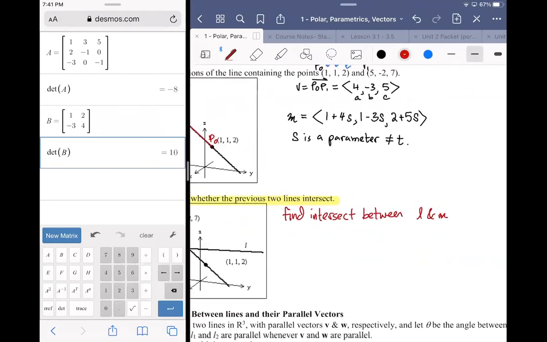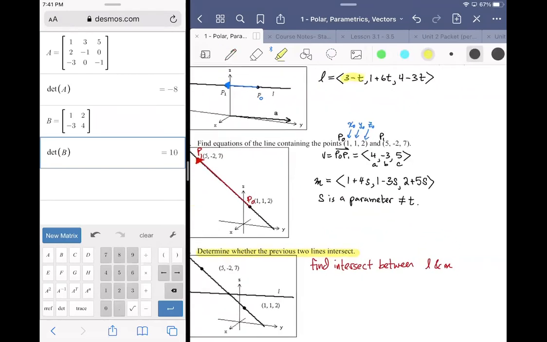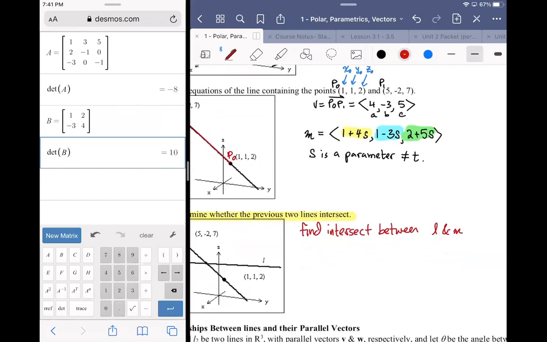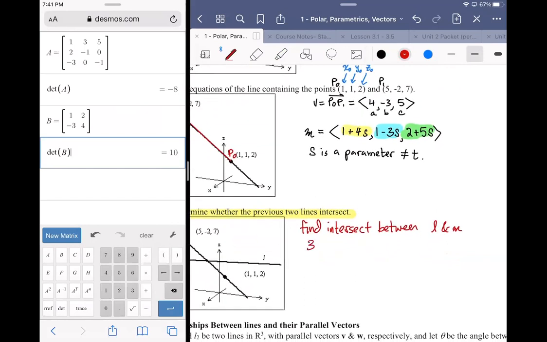All right. The way we do that is by setting each corresponding component equal to one another. So 3 plus t, I'm going to set it equal to 1 plus 4s. I think I said 3t, I meant to say 3 plus t.